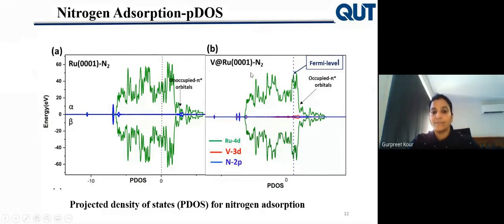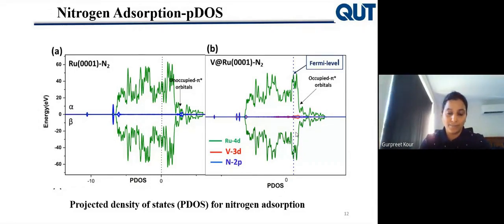However, in the vanadium doped ruthenium, these unoccupied orbitals are now occupied and lie close to the Fermi level. So this doping of ruthenium with the transition element has enhanced the adsorption of nitrogen on its surface. That means this single atom alloy is working.